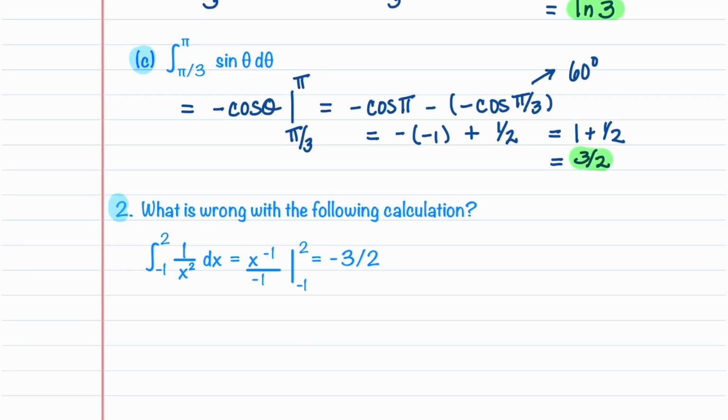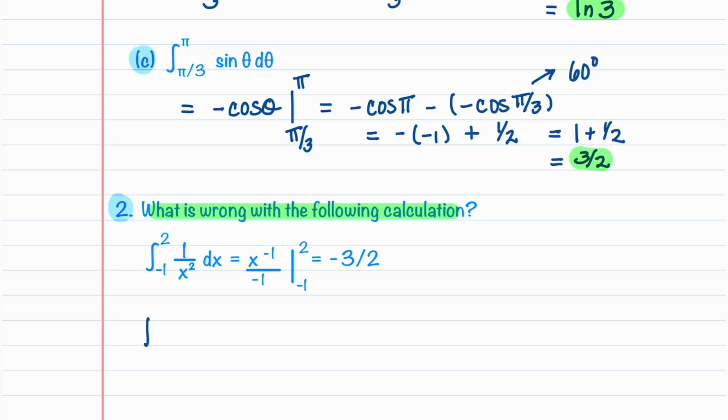Now we have one last example. I wanted to include this because this trips students up all the time, and it is so easy to do this calculation wrong. We're asked to find out what is wrong with the following calculation. Let's walk through this.